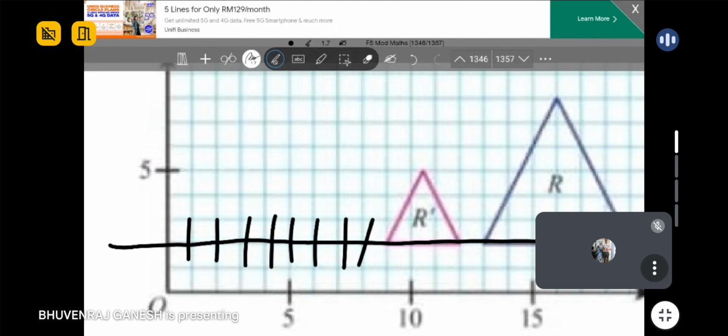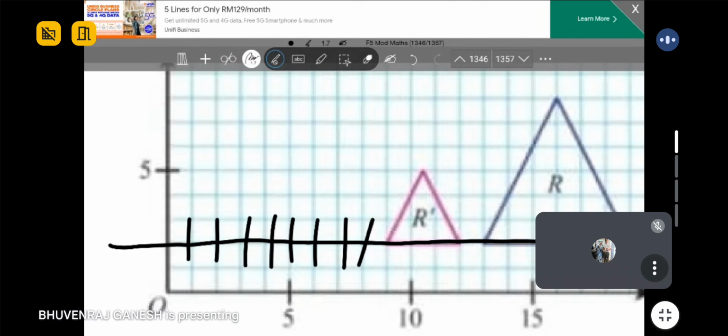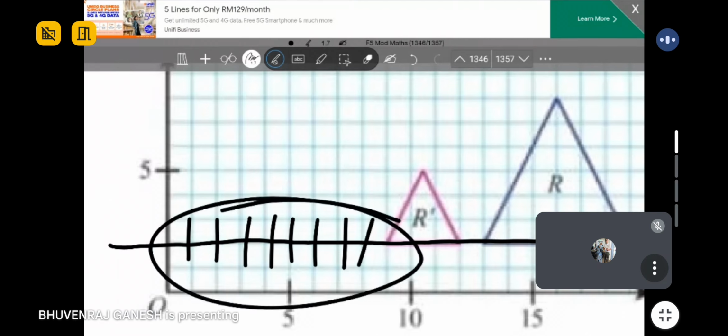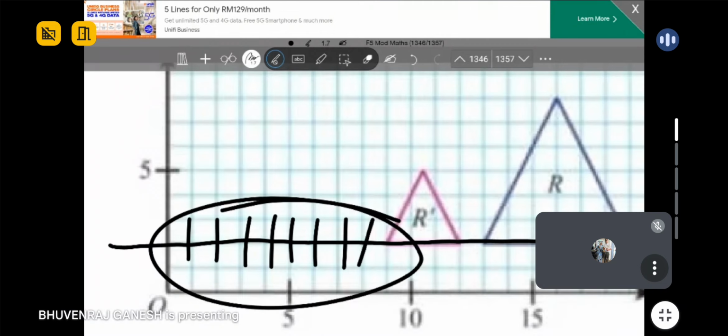Because the center of enlargement is the intersection point of all the lines. So once one line has been drawn, the center must be on it. If you don't get it here, it means your drawing is wrong. Definitely your center will be one of these coordinates, because one line already shows you.